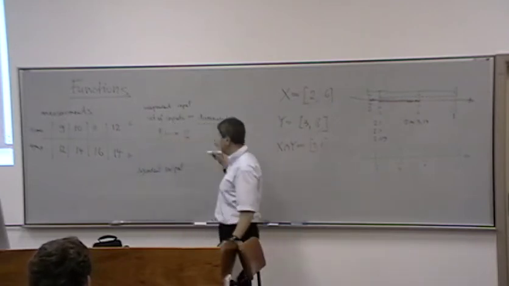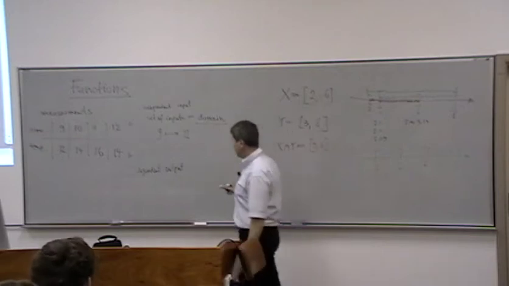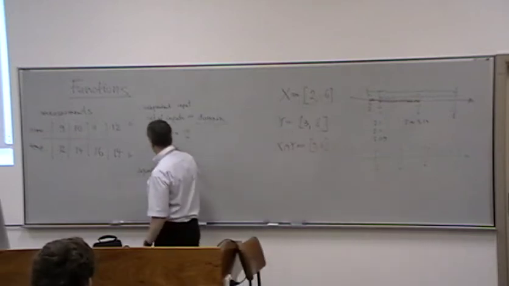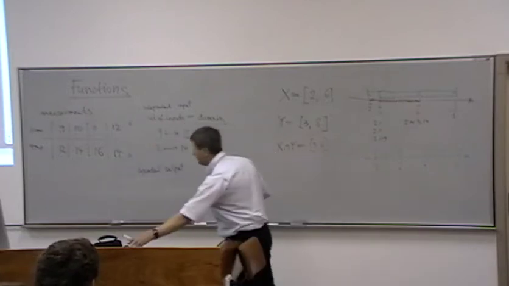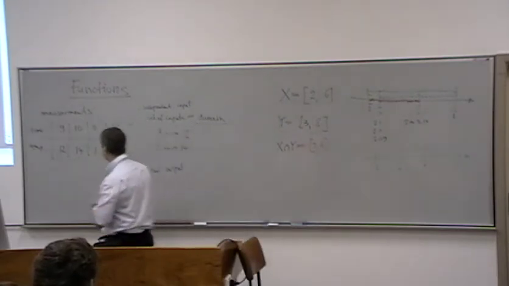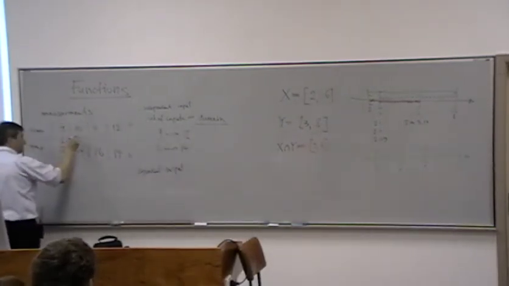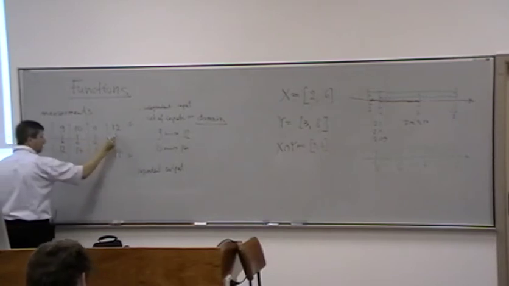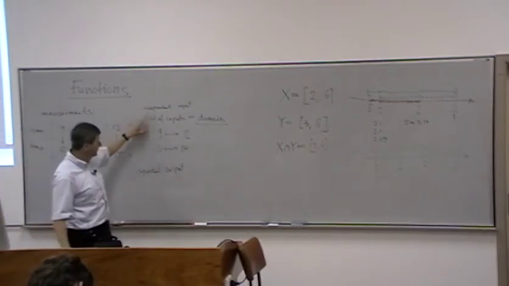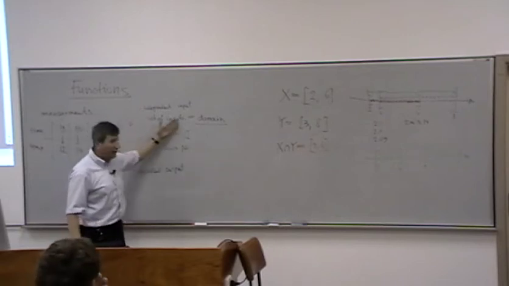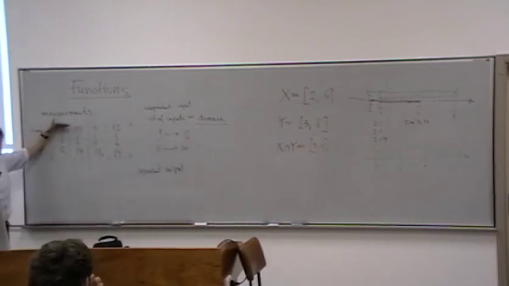We have this assignment. 9 is assigned to 12. 10 is assigned to 14. And so on. A better way to write this would be in a little table, which we have here. So 9 to 12, 10 to 14, 11 to 16, 12 to 14. So this is already a function. We have inputs. We have a way to assign to each input exactly one output.